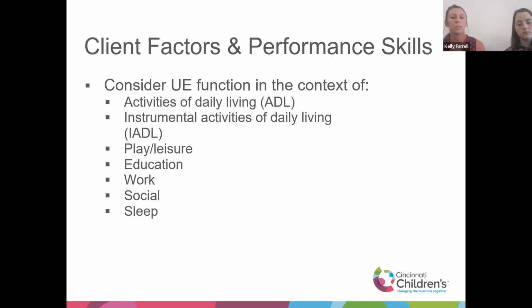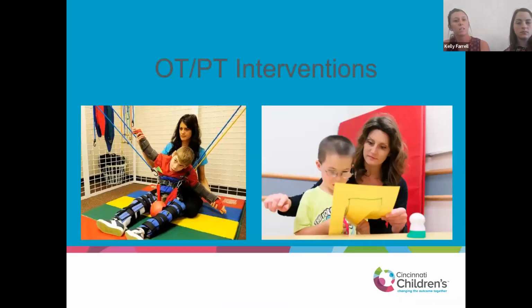Are they homeschooled? Are they having limitations? Are they working? Do they have social participation concerns or want to improve on that, as well as sleep? I know we talked about sleep being a big one as well for them. While also looking at upper extremity function, we're also going to consider their cognition, their vision, their behavior. All of that is going to impact how we proceed.